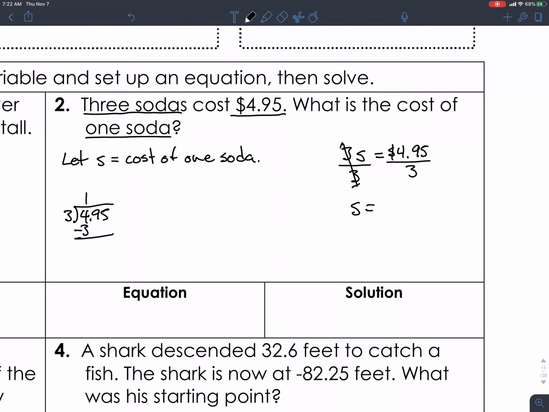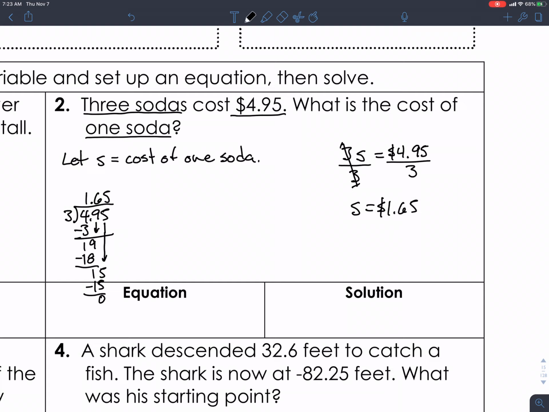Subtract that. That's a 1. Bring down the 9. 3 goes into 19 six times. Put my decimal, bring my decimal up. 3 times 6 is 18. Subtract the 18. 1. Bring down the 5. 3 goes into 15 5 times. 3 times 5 is 15. That's 0.